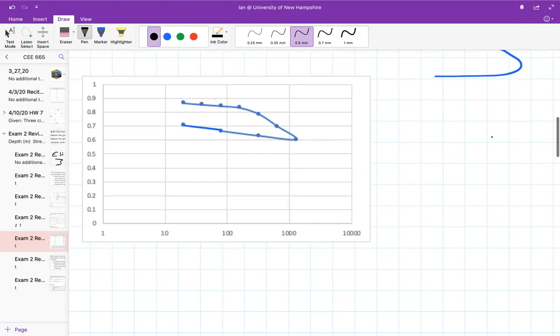The first thing I want to do is find my compression index, because we have more than enough data for it. So what we want is C sub C, and we're going to find the slope of the line.